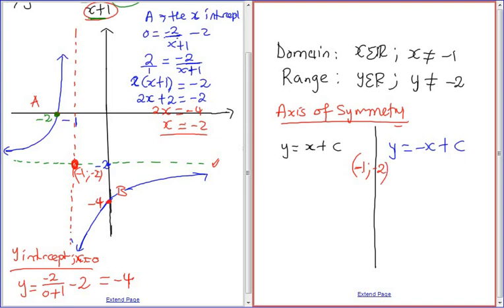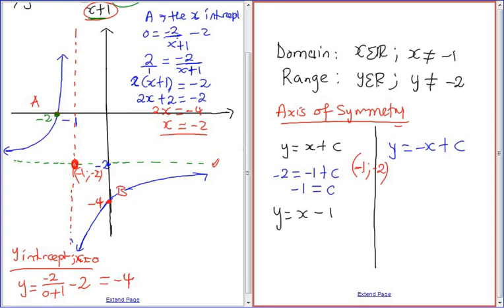So let's go and substitute them into these equations so we can carry on. -2 in place of y. I'm putting -1 in place of x. So I hope I should be fine here when I do that. Okay, so our C will be -1. So this equation will actually work out to be y = x minus 1.